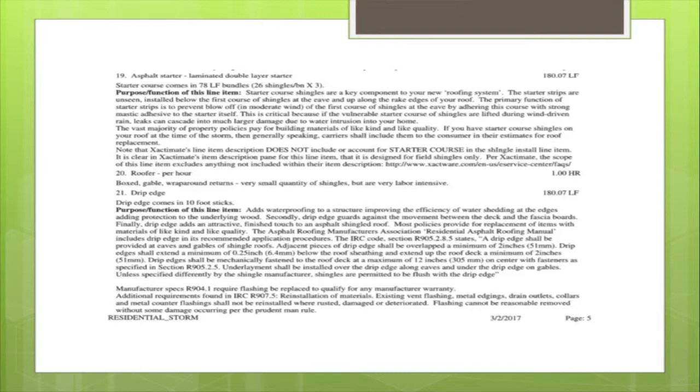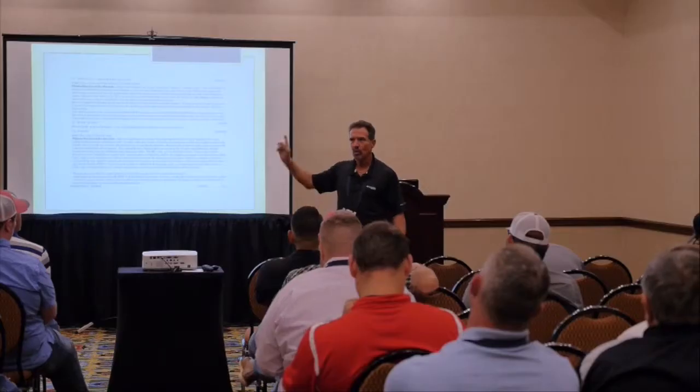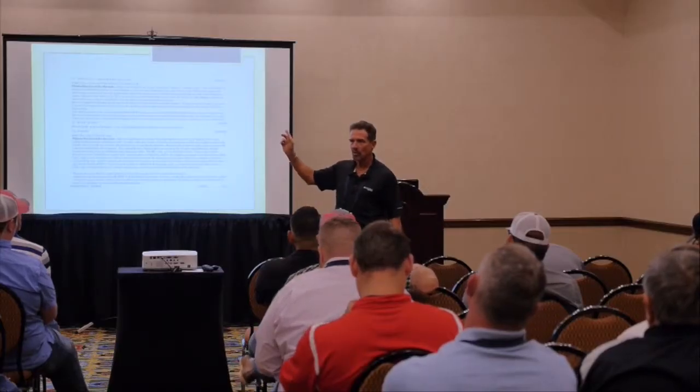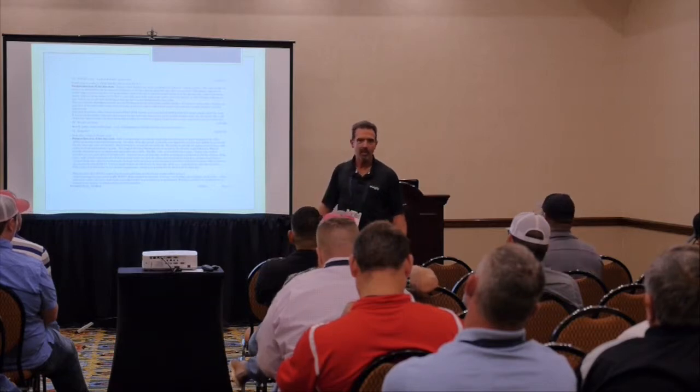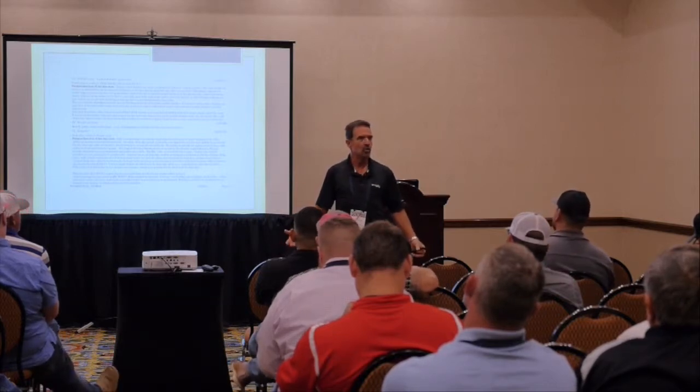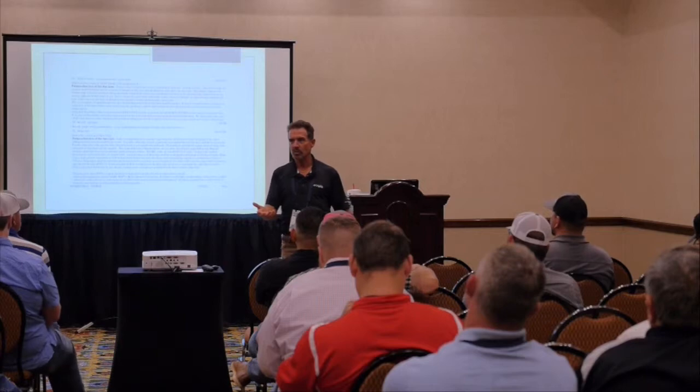It is clear that in Xactimate's line description pane for this line item that it is designed for field shingles only. Per Xactimate, and here's the website address they can click on and verify that that's true. Who's the credible objective third-party source for that line item? Xactimate themselves. Do they believe that that's a credible source?